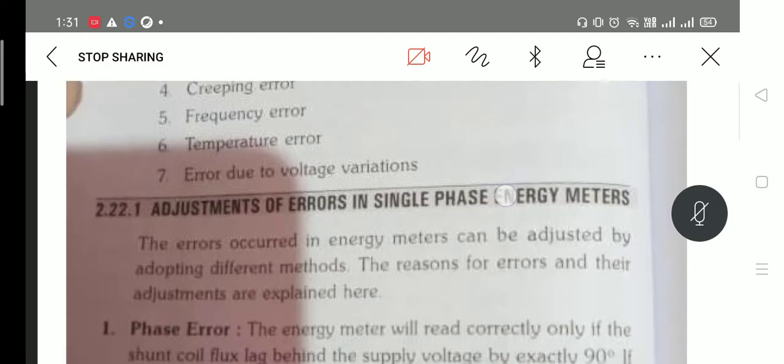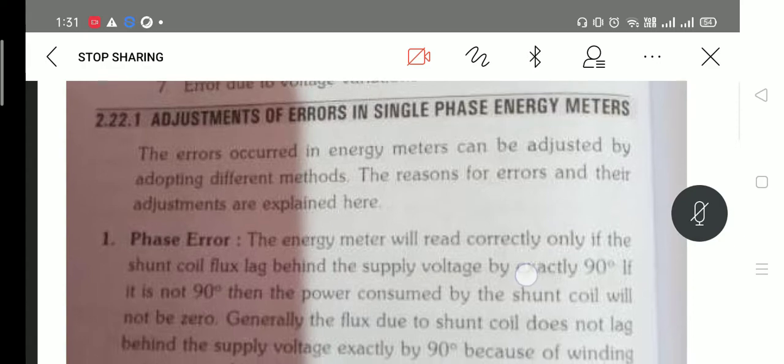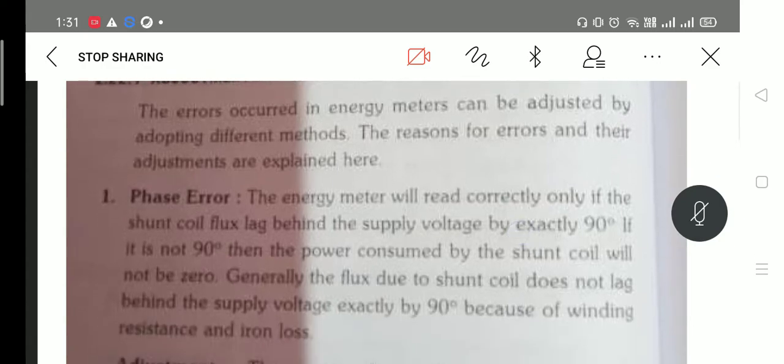First we discuss the phase error. How do we get this phase error? In the energy meter we have a shunt coil, no? In that shunt coil, we get some flux. The flux should be exactly 90 degrees to the supply voltage, but sometimes it is not 90 degrees because of the phase error.